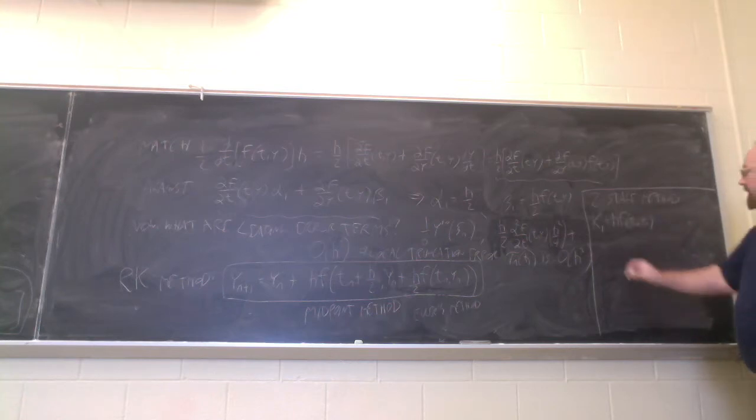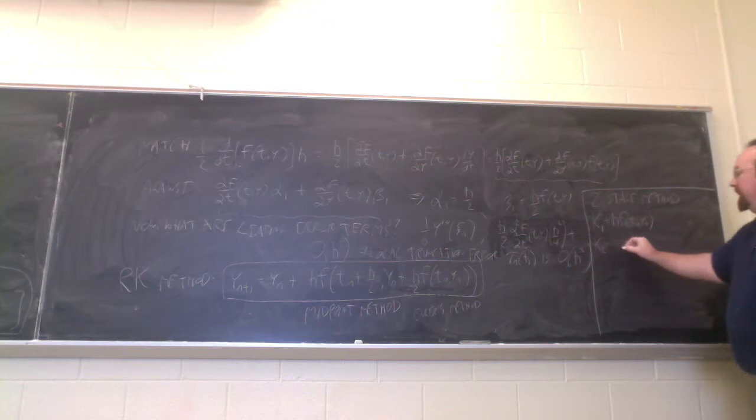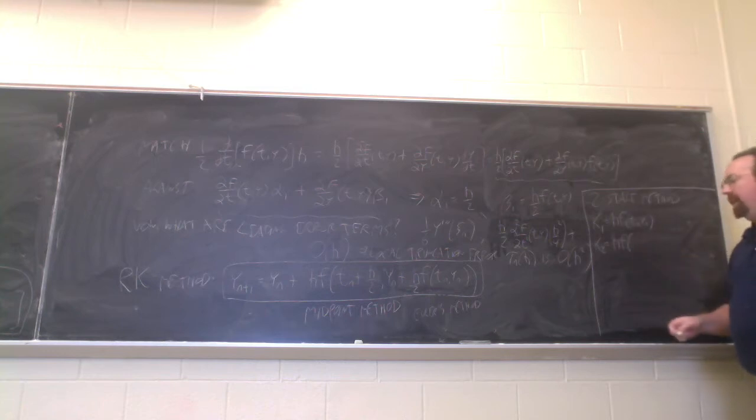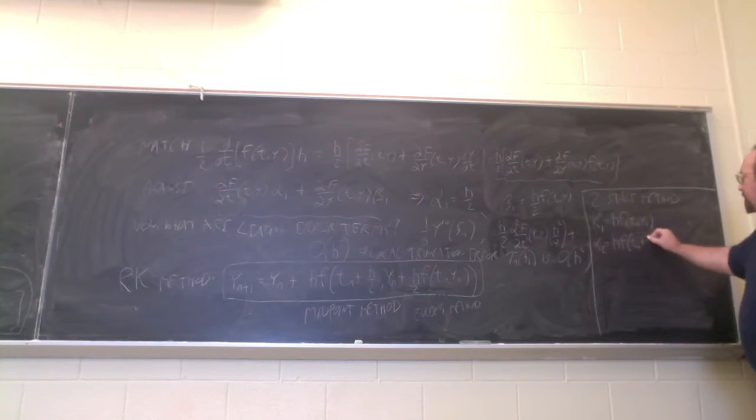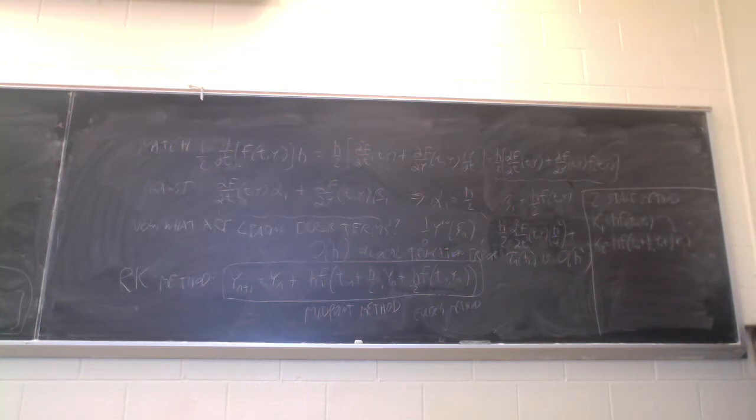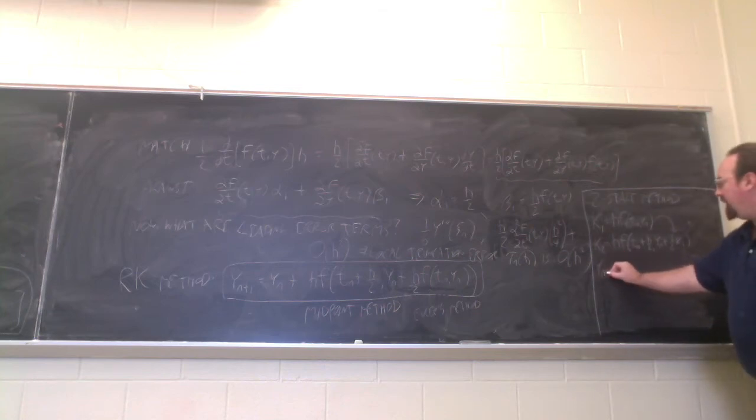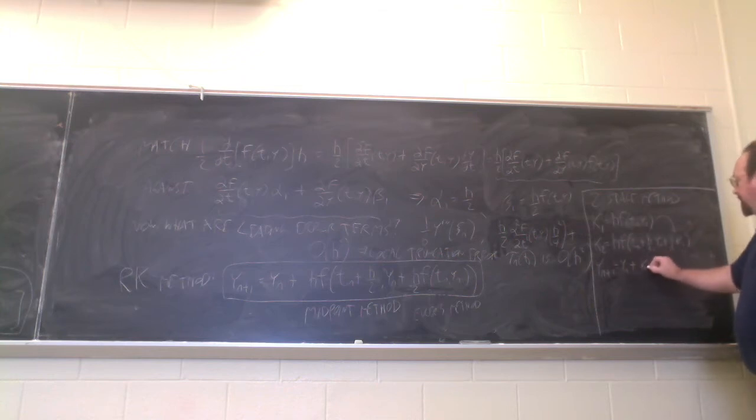And then I define another intermediate variable, k2 is h f of t n plus h over 2, and then y n plus 1/2 k1. So this value goes in here. And then finally, y n plus 1 is equal to y n plus k2. So this is the same midpoint method, it's just written differently.